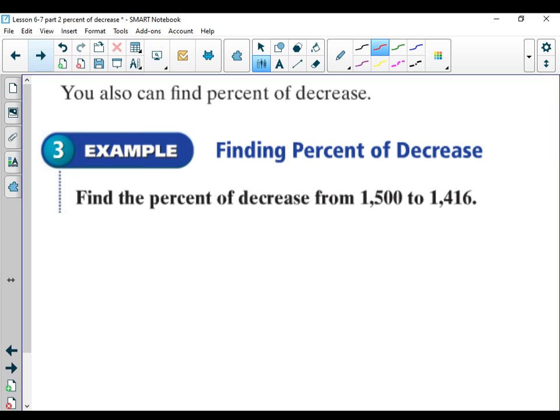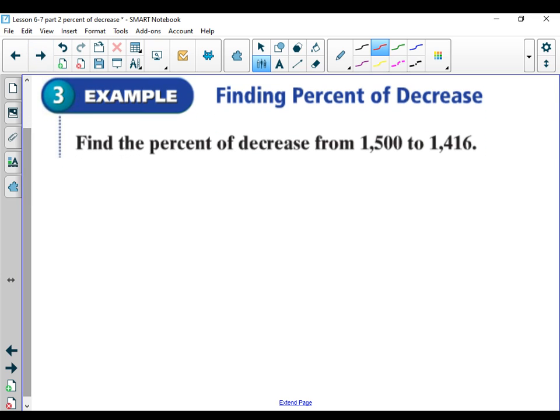Box number 2. I always think of money. It's so much easier on my brain. Your sister, brother, cousin, friend, was saving money for a car. They wanted a car so badly. They had saved $1,500.